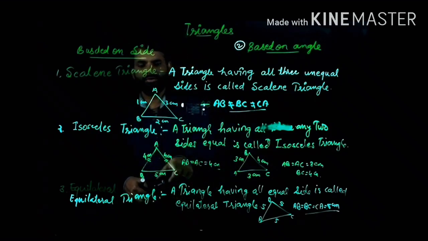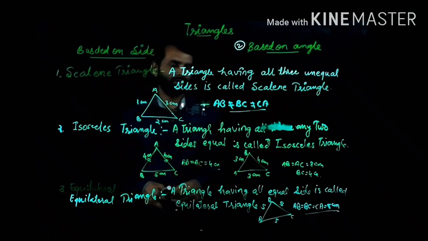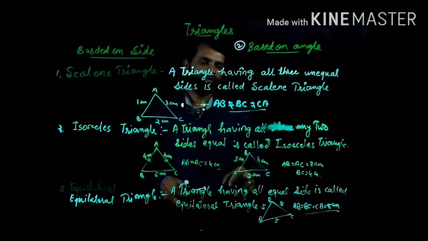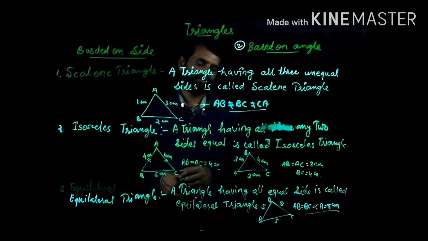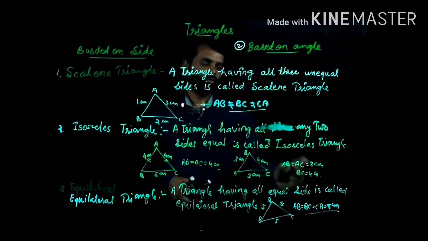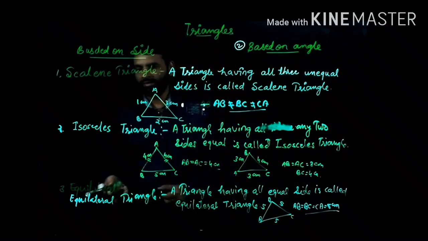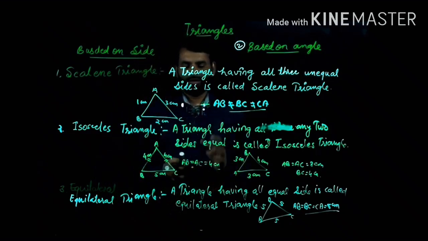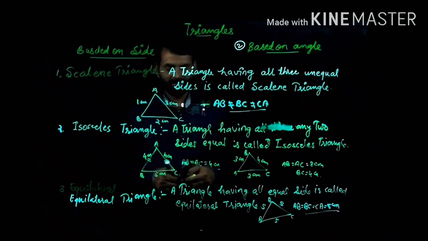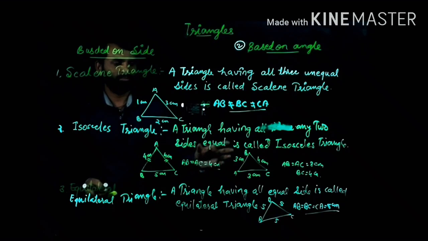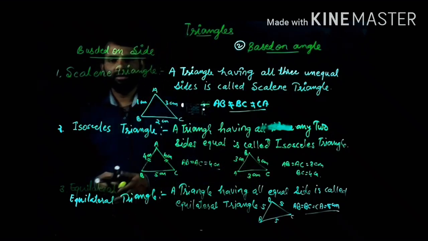This is triangle ABC where two sides are 4 centimeter and the third side is 5 centimeter, AB equal to AC is 4 centimeter. In the second diagram, the two upper sides are equal, 3 centimeter, and the last side is 4 centimeter, not equal. And third is the equilateral triangle, where all three sides are equal.